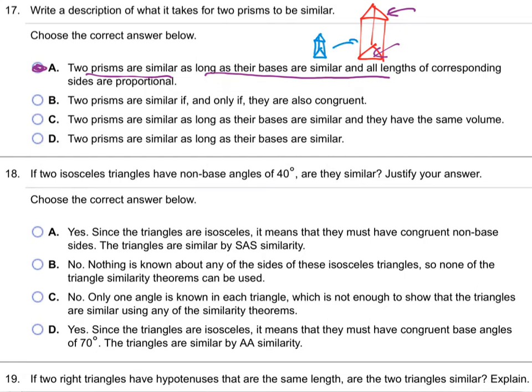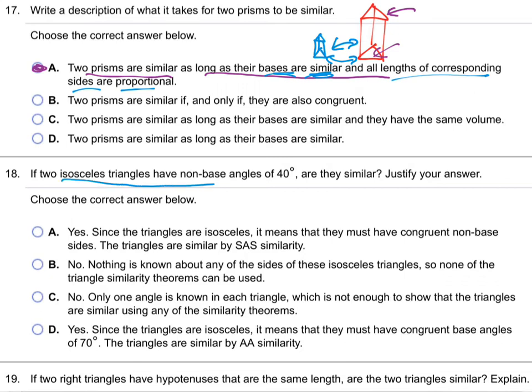Right? Are these two shapes similar? If you blew the little one up, would it match onto the bigger one? Yes, as long as the bases are similar, right? These two bases need to be similar shapes, and all the lengths of the corresponding sides are proportional. That's what it takes. Let's go to number 18.